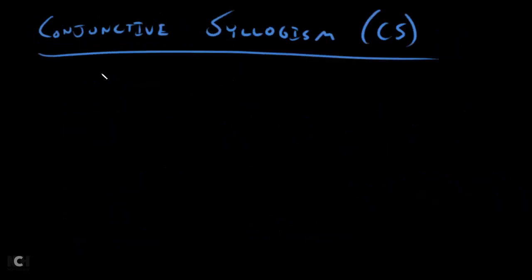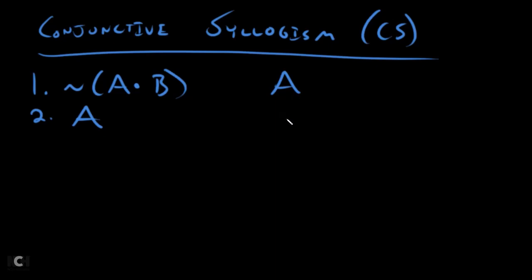Okay, conjunctive syllogism is basically disjunctive syllogism where we have a not-both statement and we're just skipping a De Morgan's law. So, for example, if I said this, you can't have A and B, but you've got the affirmation of one of them. You can't have both, but you've got one of them. What does that mean?